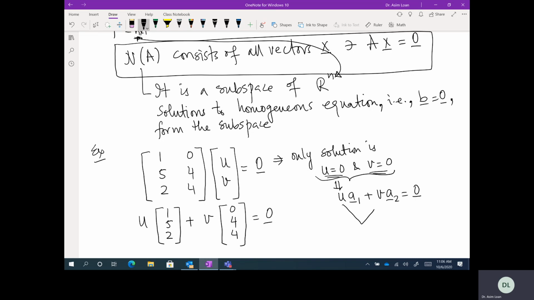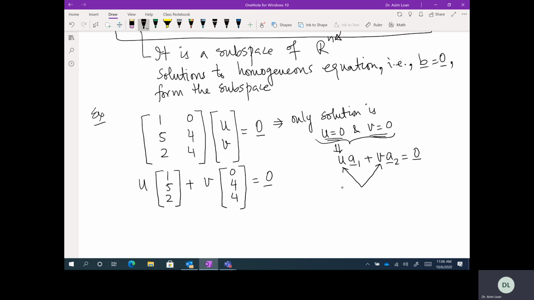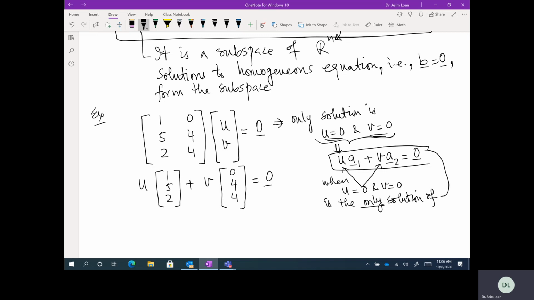And we'll see in a little while, probably in the third lecture, that when U is equal to 0 and V is equal to 0 is the only solution of this equation, this implies A1 is independent of A2.